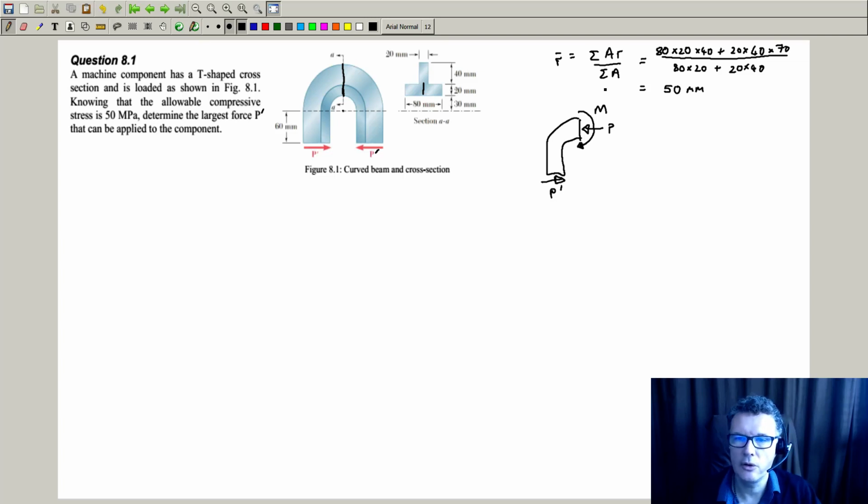So we're looking for stresses. We're going to combine both a direct stress and a bending stress. So I need an equation for a bending stress.